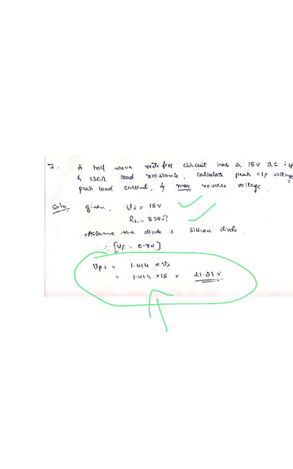Substitute the VI value, you will get 21.21. So peak output voltage is given by VPI minus VF. So VPO is 20.51 volts. Peak load current is equal to VPO divided by RL. Substitute it, then you will get an answer.